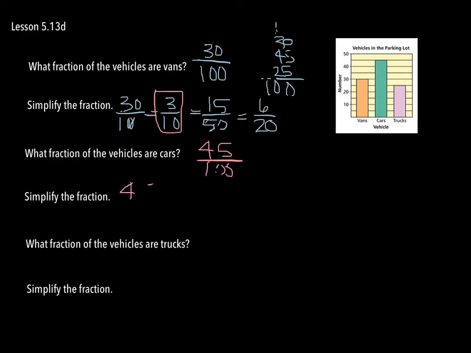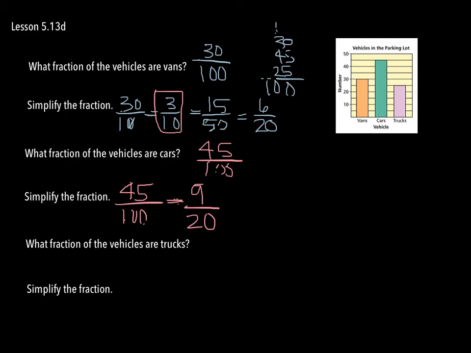So we're going to write 45 over 100. And they're both divisible by 5, so I'm going to divide them both by 5. 45 divided by 5 is going to give me 9. 100 divided by 5 is going to give me 20. Now, I can't go into it anything else. It's not divisible by anything else.